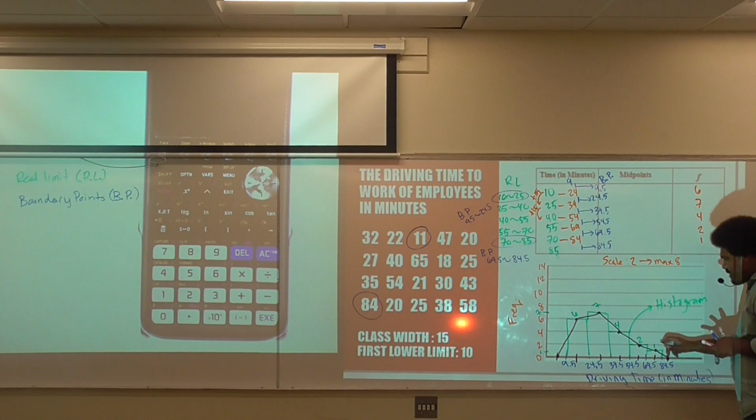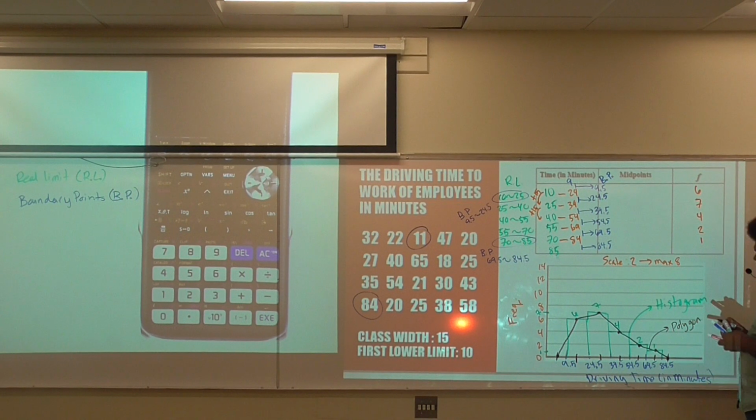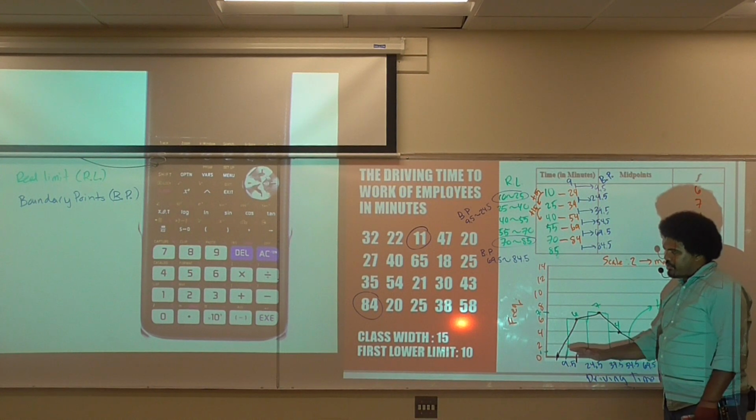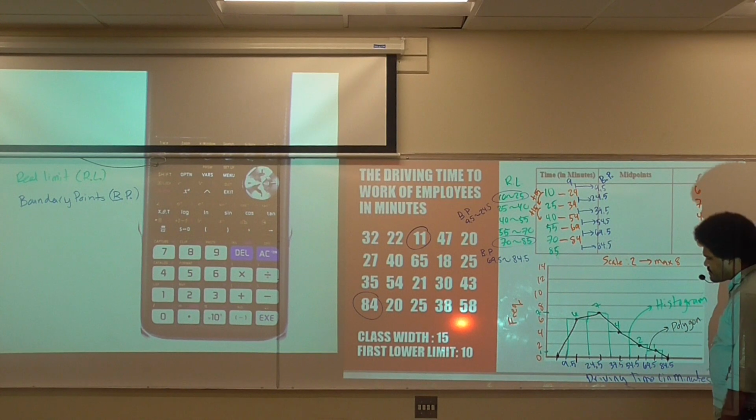And the black graph we have here is a polygon. The histogram deals with either the real limits or the boundary points, and the polygon deals with the midpoints that correspond with the boundary points. That's what we're getting here.